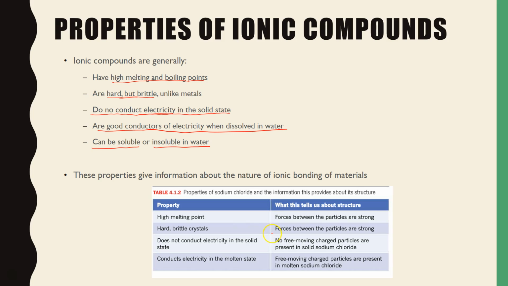So when you break them, it's quite hard to do because the force of attraction between the particles is strong. They do not conduct electricity in the solid state, which means they do not have free moving ions in the solid state. If they do conduct electricity in the molten state, they must have free moving charged particles in the liquid or molten state.